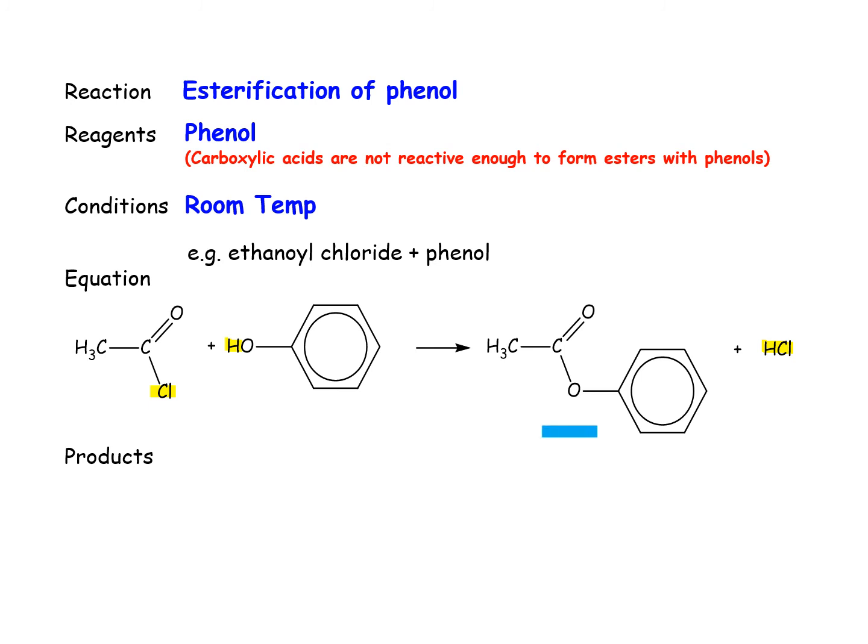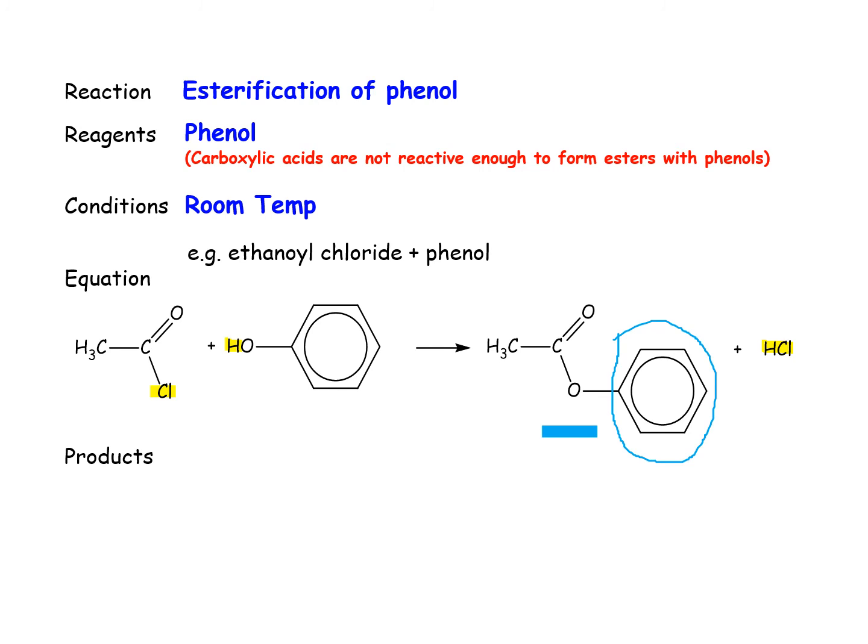Okay, now because this product contains the benzene ring, we can now say that this product here is aromatic. So we've got an aromatic ester. Remember how you name the ester.